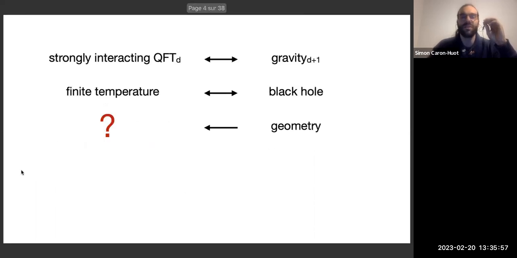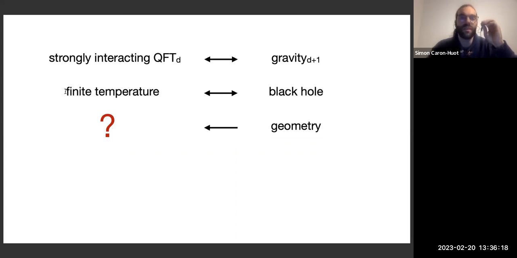The general context is the gauge gravity correspondence: certain strongly interacting quantum field theories are known to be dual to, in the sense of better described as, theories of gravity in one more dimension. That's a famous correspondence.